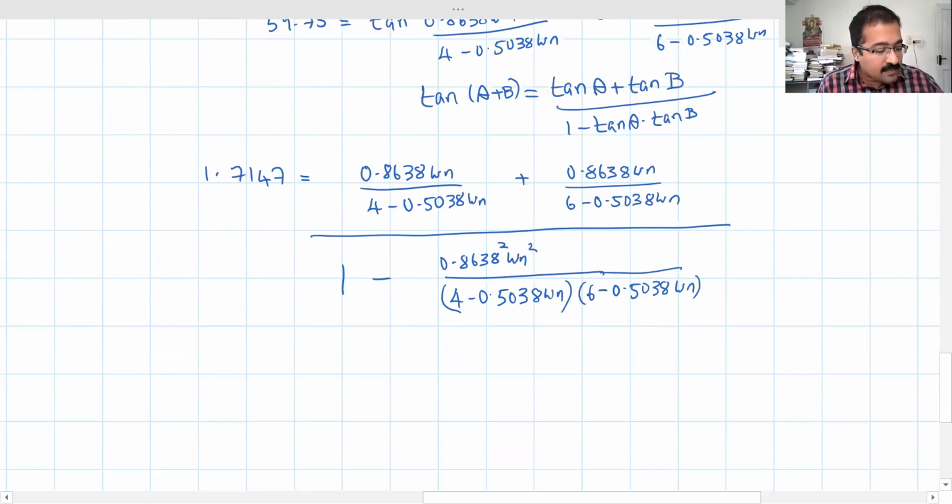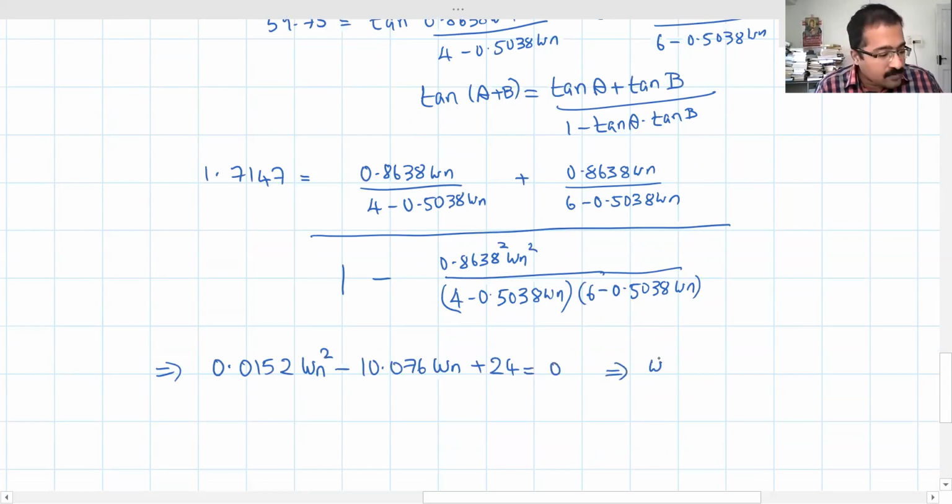When you take the LCM and do the simplification, eventually you will get an equation like this: 0.0152 omega n square minus 10.076 omega n plus 24 equal to 0, which is a quadratic equation. If you solve this, you will get your undamped natural frequency as 2.3914 radians per second. When you solve a quadratic equation, you will get two values, out of which this is the admissible value of omega n.